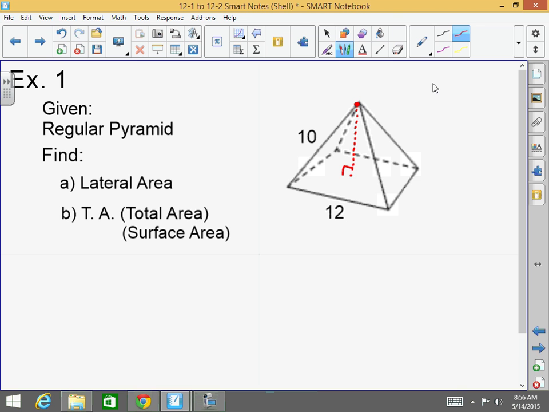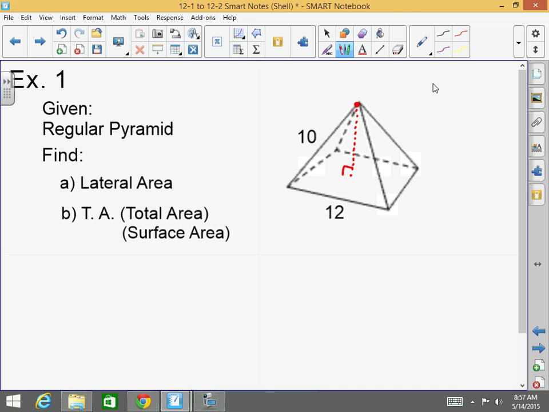You could do several different things. I'm going to have to first find my slant height before I find my regular height. We'll do it in a different color. Well, it's a 3, 4, 5.